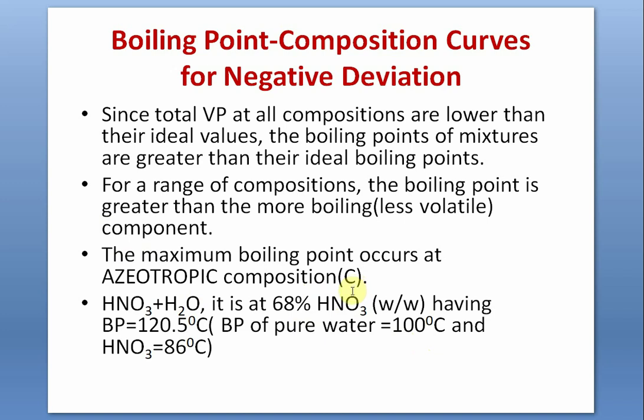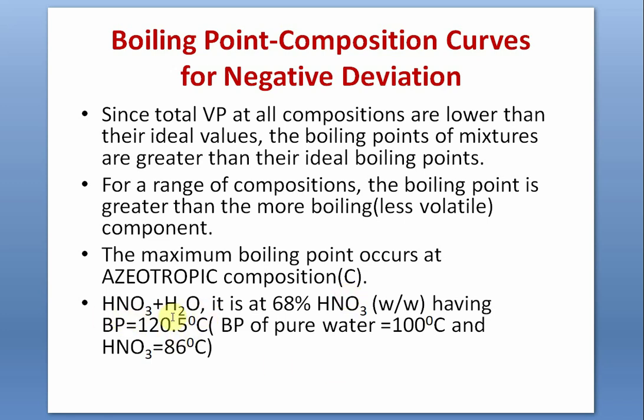The constant boiling mixture is applicable to both, but there it was a minimum boiling mixture, here it is a maximum boiling mixture, and that was a pressure maximum azeotrope, here a pressure minimum azeotrope. The acid, nitric acid and water.